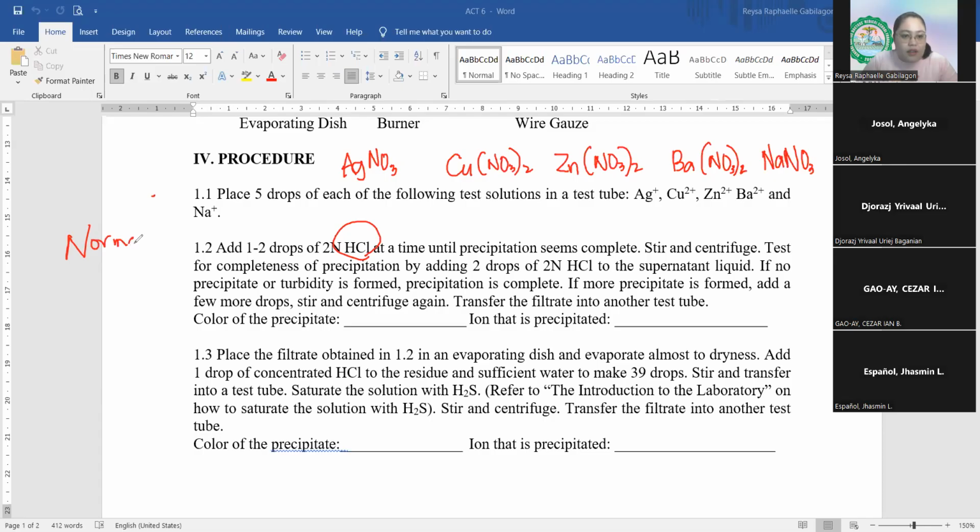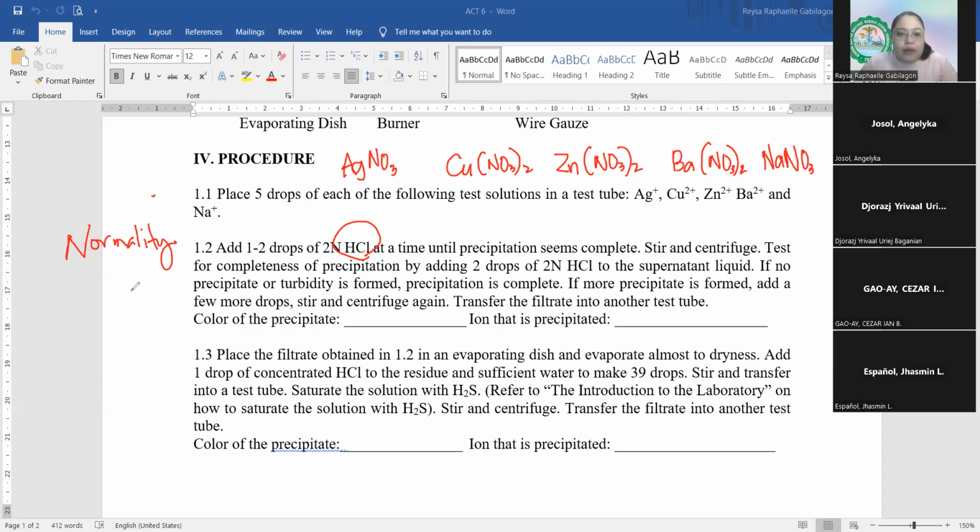Okay, this is normality, so it is not included in the chemical equation. That is just the concentration of the hydrochloric acid used during the experiment. Again, do not include it. It is not a coefficient. It's concentration.